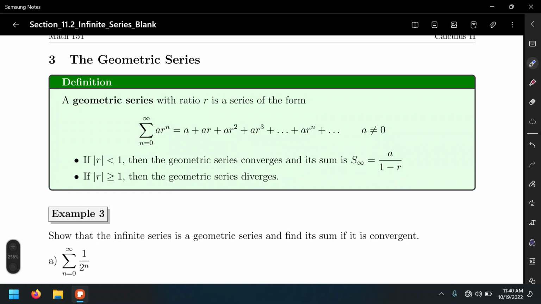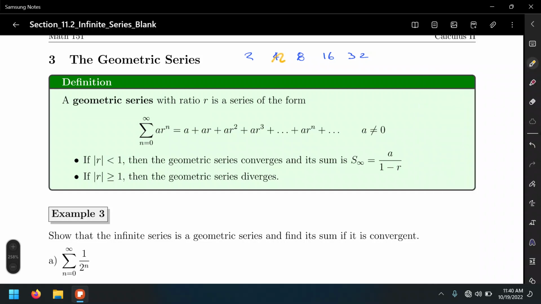Consider this sequence of numbers right here: 2, 4, 8, 16, 32. A geometric series is distinguished by having the same ratio when you compute the ratio between one term and the previous term, for example.